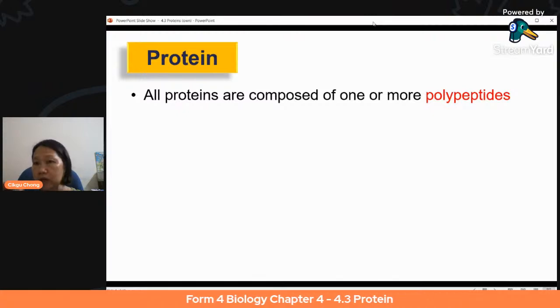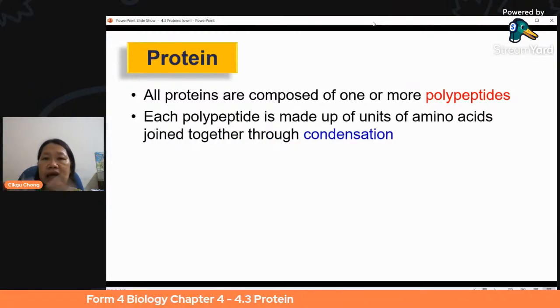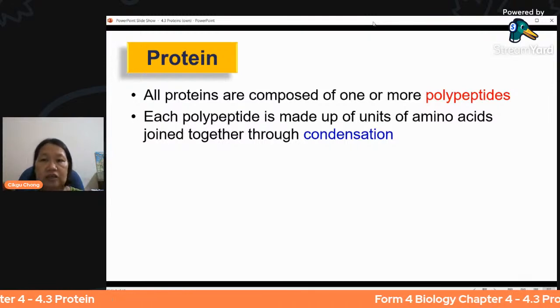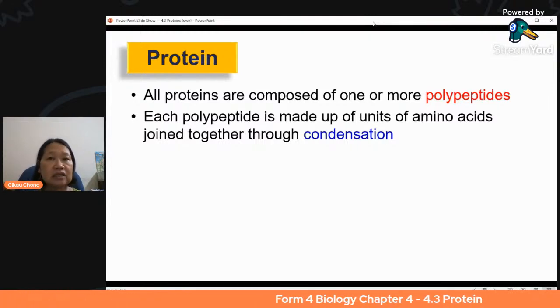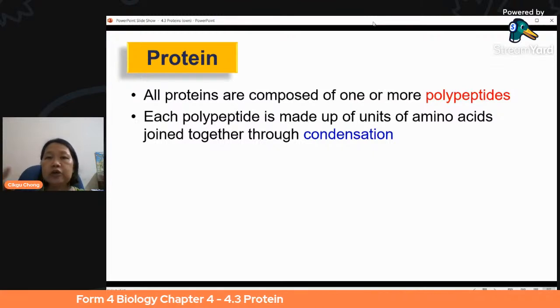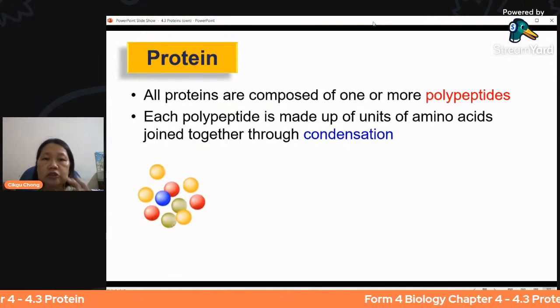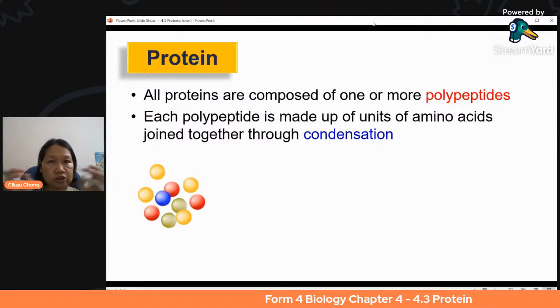So you need to have polypeptides. And how to make polypeptides? Okay, you have to join up your amino acids together. And the process is similar to what you have learned in your previous lesson on carbohydrates. You have to remove one molecule of water to bind the two ends of this amino acid together.